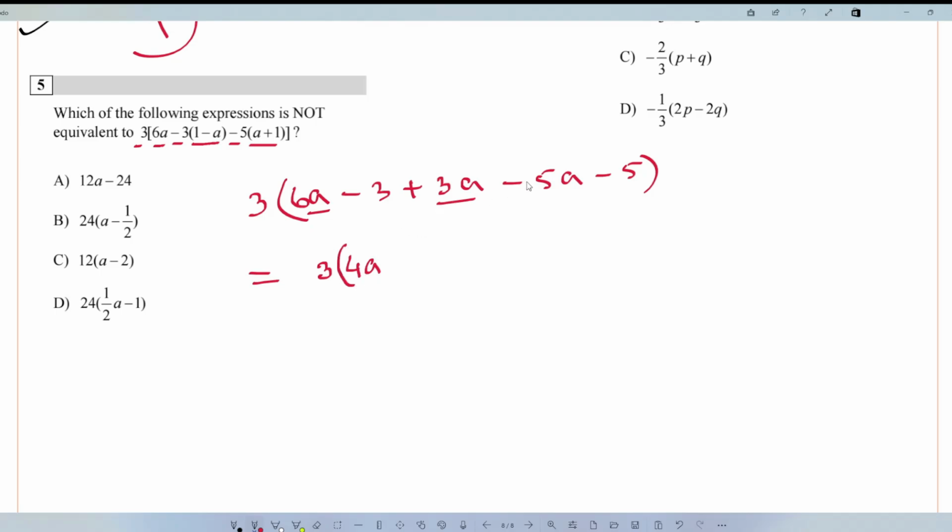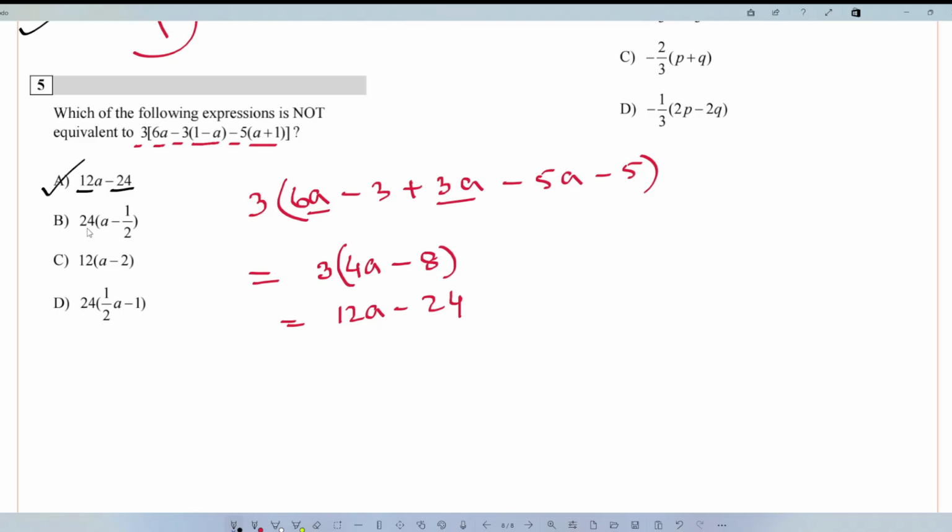Okay, and then minus 5 minus 3, it means minus 8. Look, finally we get 12a minus 24. Now we can check which one is similar. 12a minus 24, this is similar, so a is okay.